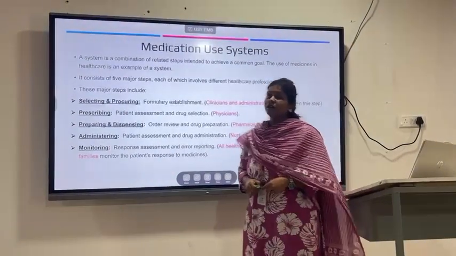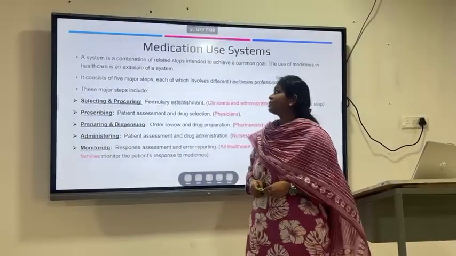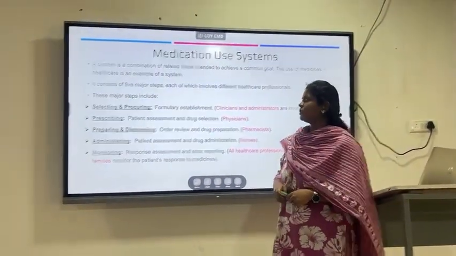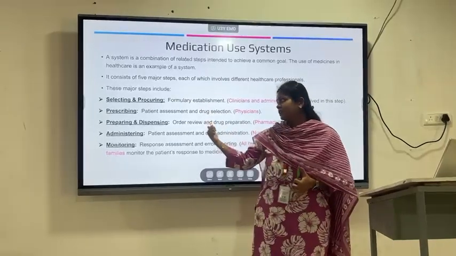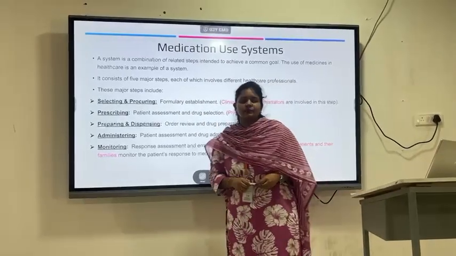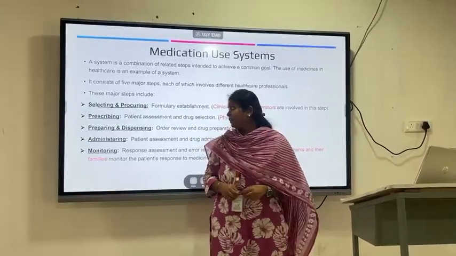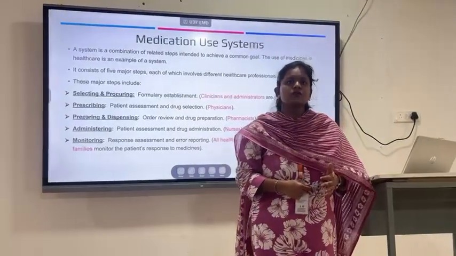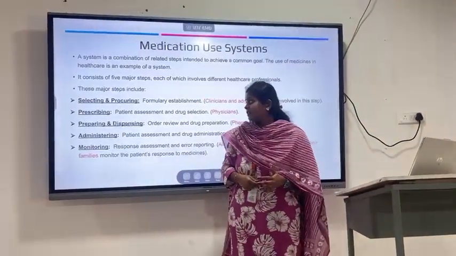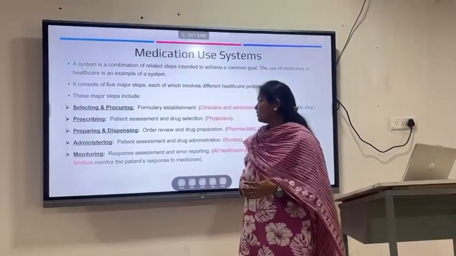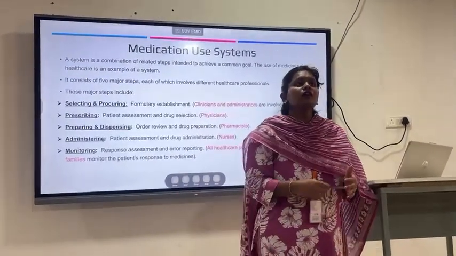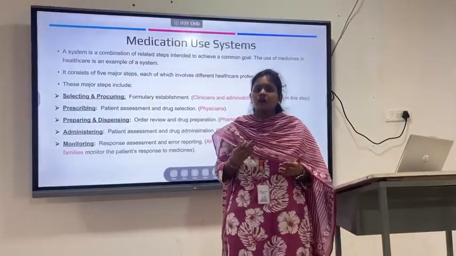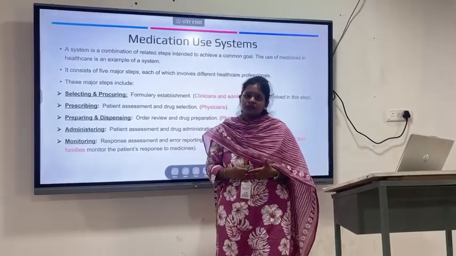In a particular organization, the medication use system includes selecting, procuring, prescribing, preparing, dispensing, administering and monitoring of the drugs. Selecting and procuring involves formulary establishment and purchasing of the drugs from the retailers. Prescribing is the patient assessment and drug selection according to the condition of the patient and the comorbidities present in the patient.